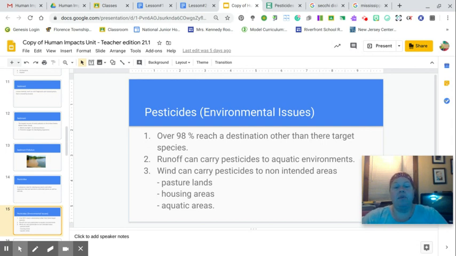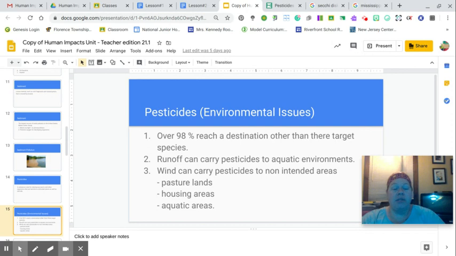Then the runoff of pesticides can be carried to aquatic environments. It can leave the area where you sprayed it or applied it, and through water runoff, same as the sediment, is carried into the water. So now you have a pesticide that was meant for a crop on the ground in soil that's now been washed into a stream, into a river, into the ocean.